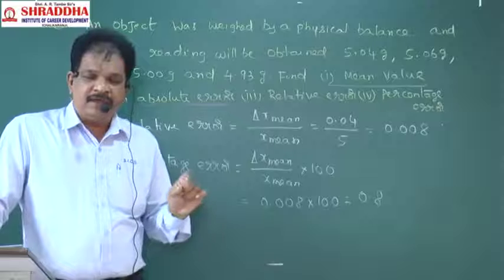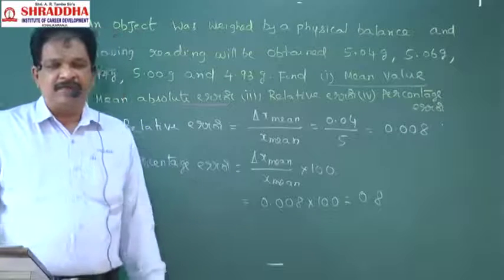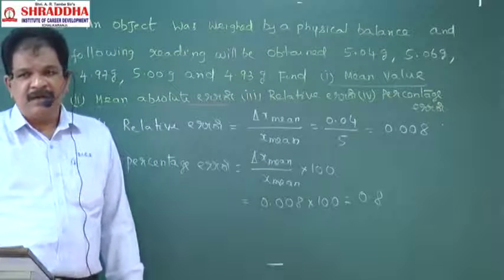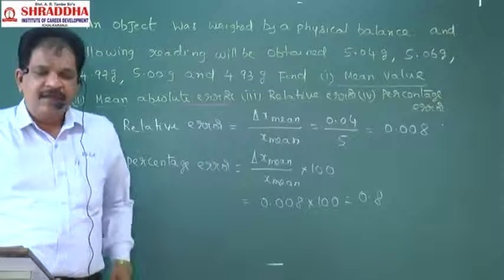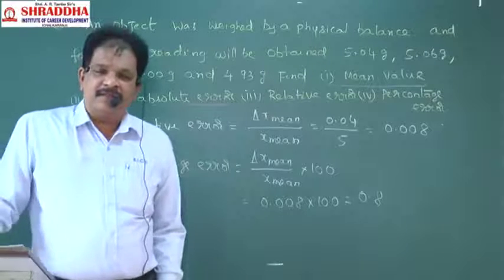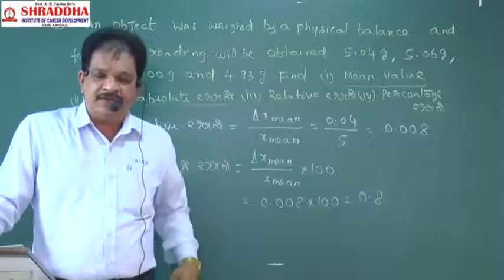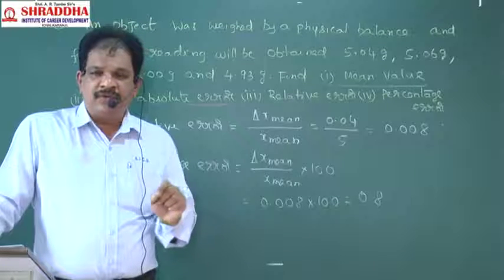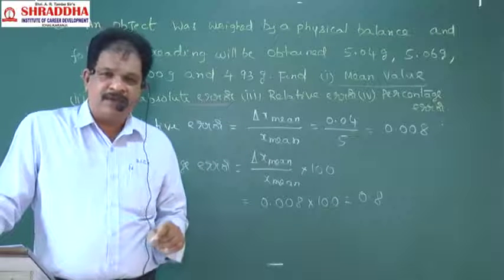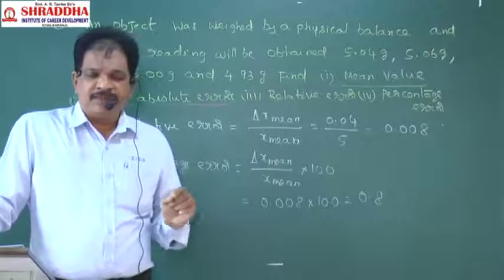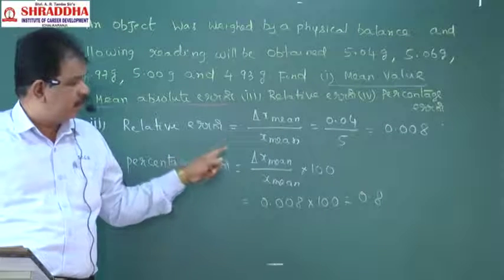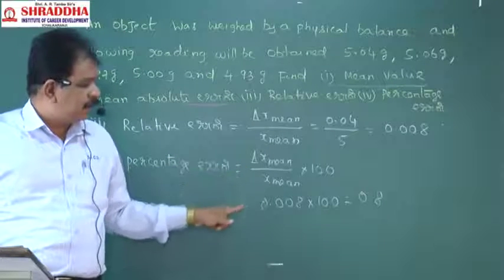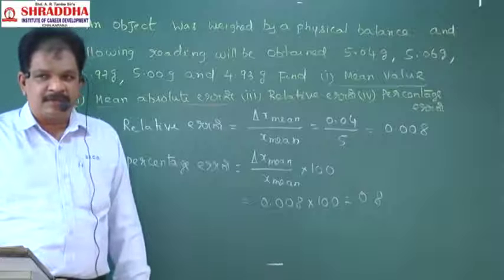The error in each measurement we calculate is called the absolute error. The absolute error in the second reading, delta x2, is equal to modulus of x mean minus x2. Like that, we calculated absolute errors in each measurement.